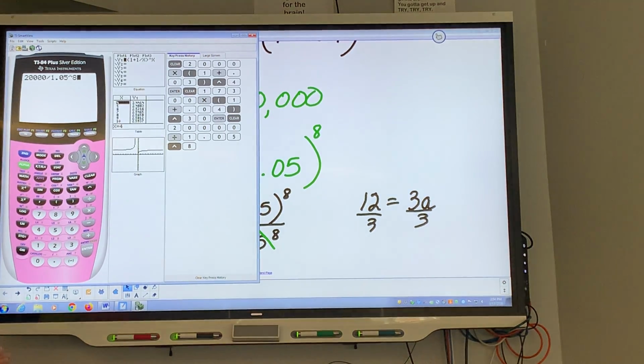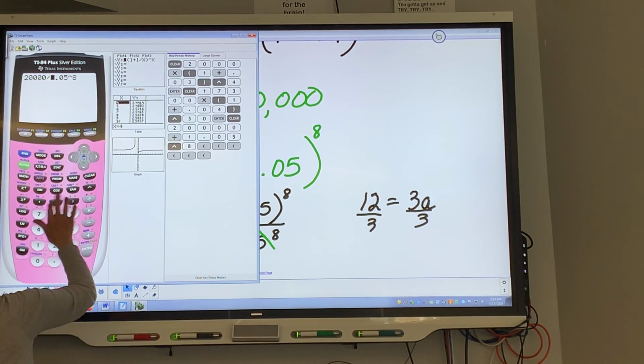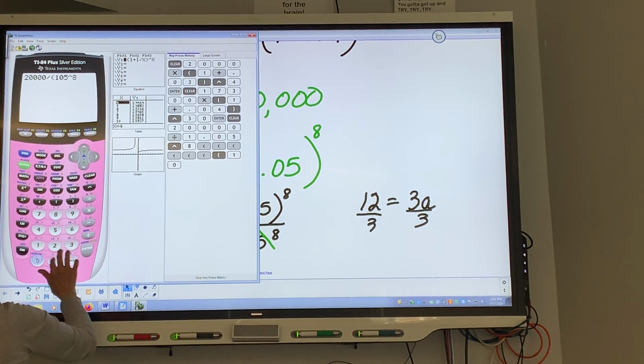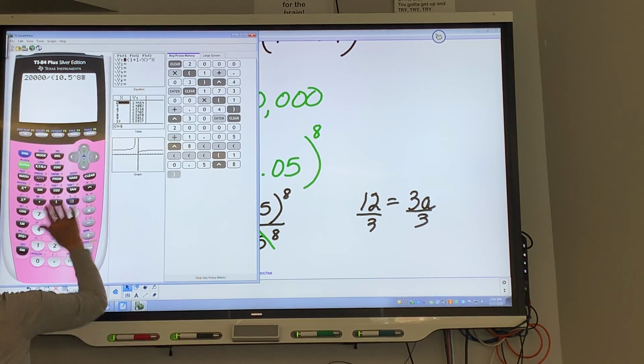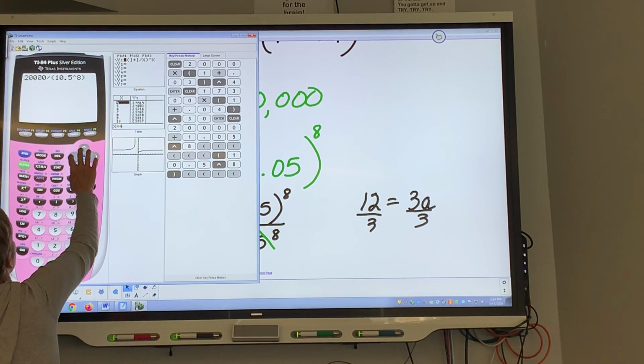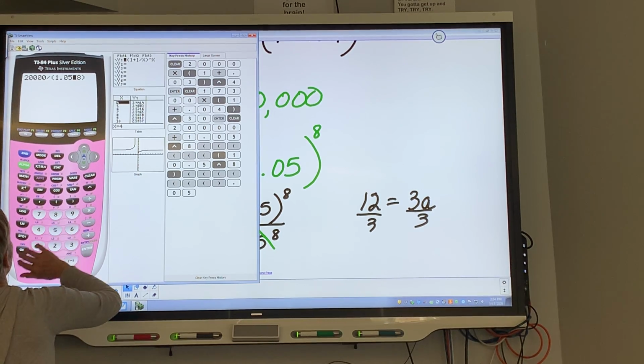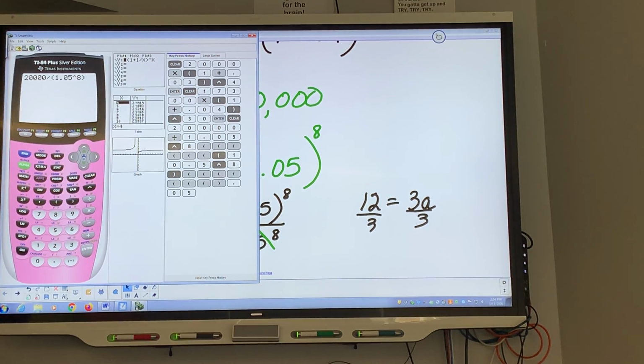So it will actually raise the 1.05 to the 8th power first, because remember PEMDAS, exponents before dividing, and then it'll divide. But if you wanted to be on the safe side, you could put that whole thing, 1.05 up arrow to the 8th, in parentheses. Okay?